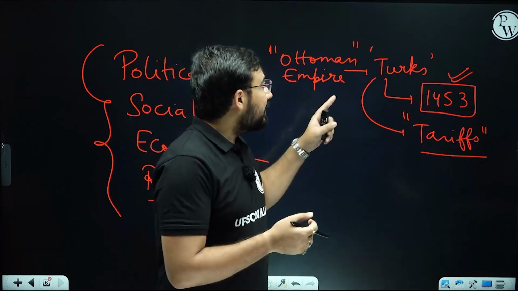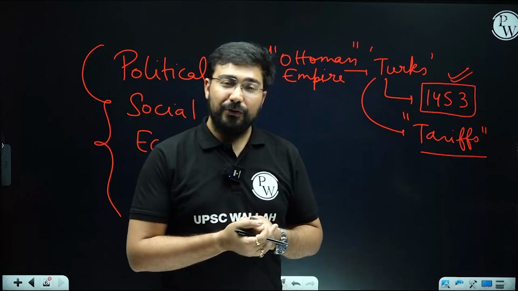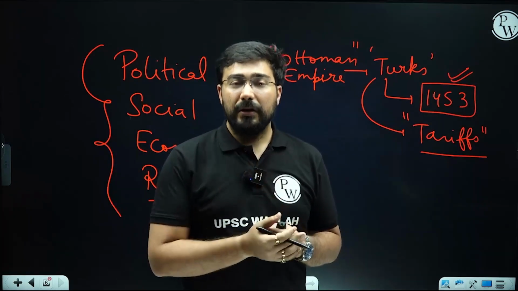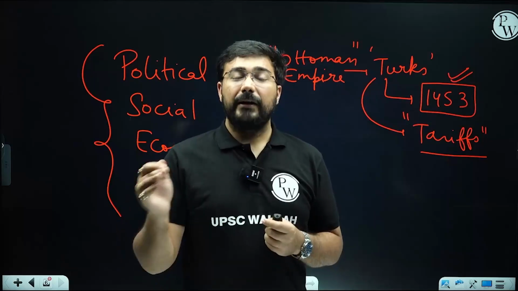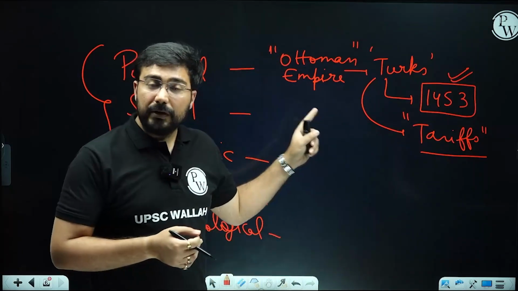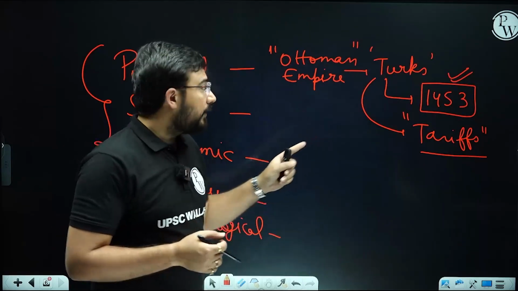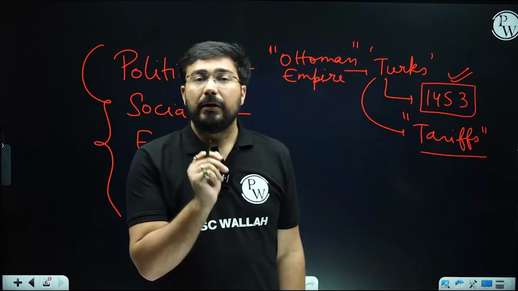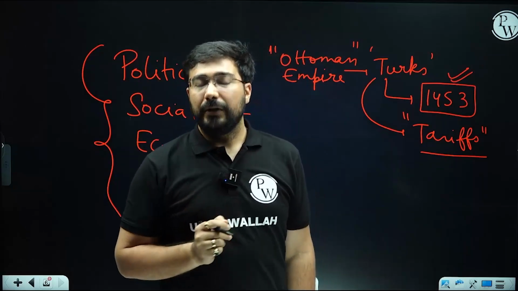So this created a big challenge for the Europeans. They wanted that we don't want to be dependent upon the land route; we need the sea route, a direct connection between Europe and India. This is one of the most important political factors responsible for the coming of Europeans to India.